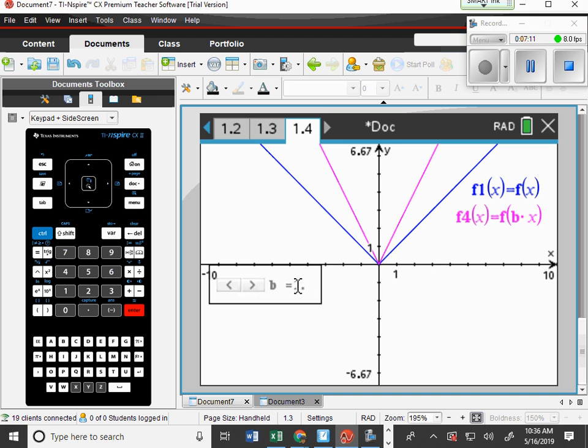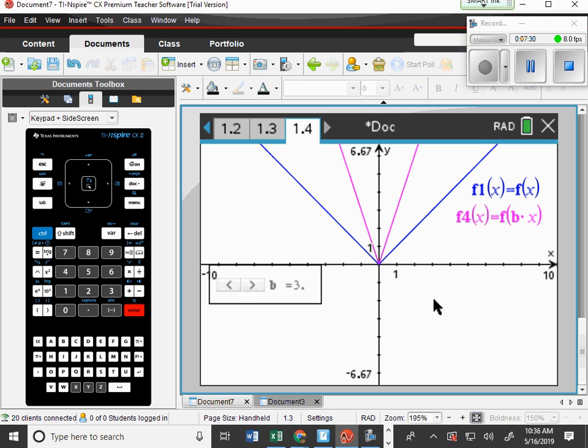The only difference is that we don't call this a vertical stretch. We call this a horizontal compression. So it looks like a vertical stretch and it can be confusing.